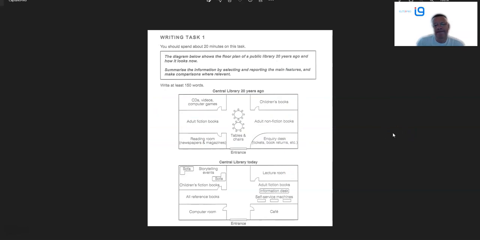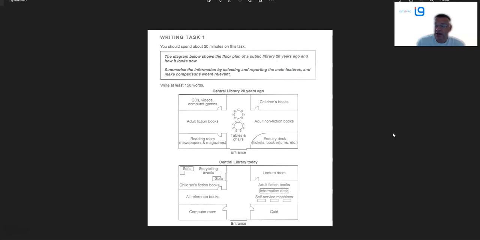So, logical progression. Okay, especially important when you're talking about a map, a diagram, etc. What's the logical order of information? We've spoken about this in videos before. For the graphs, the tables, the charts, you can go from the smallest to the highest, from the biggest to the smallest, depending.